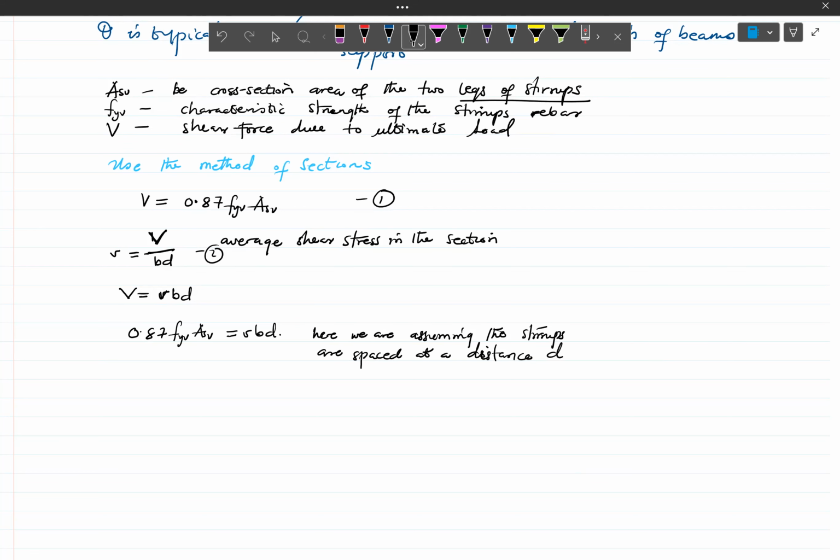So now the question is, what if they are not spaced at a distance d? Maybe the spacing of the stirrups varies. It could be any distance. So let's call SV the spacing of the stirrup. So this spacing can be either d or any other distance.